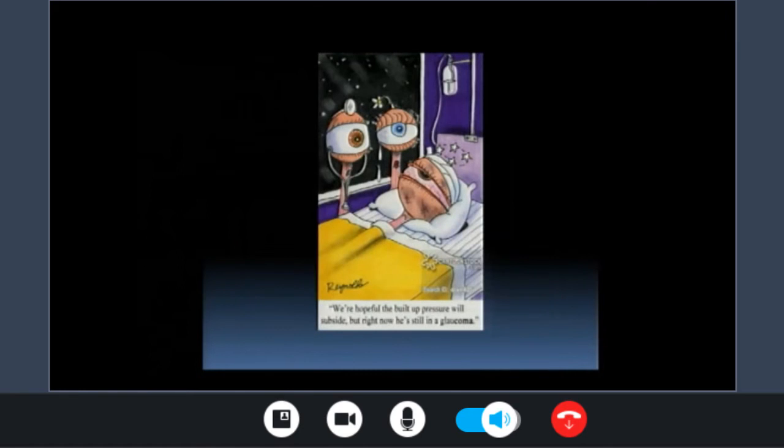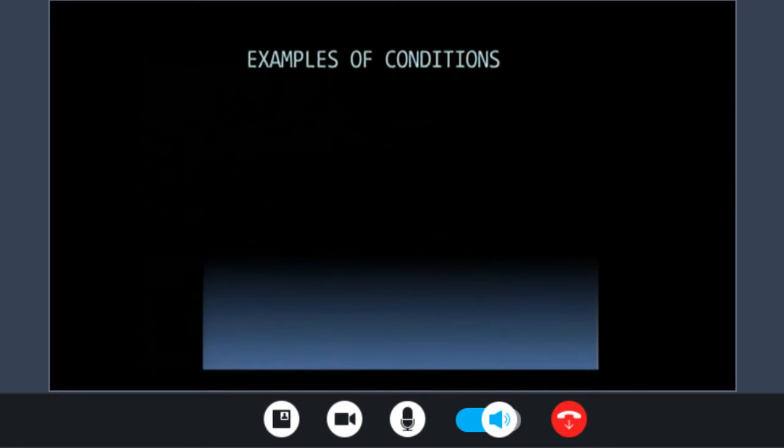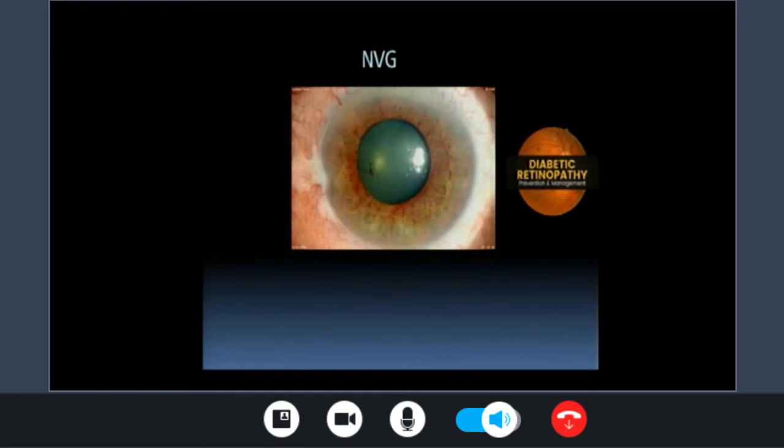Definitely we can control the blood pressure, but sometimes we are not able to get the intraocular pressure down in some cases. An example of this condition: every day we are receiving a case of neovascular glaucoma, in spite of diabetic retinopathy prevention and all the interventions and all the efforts done by our retina colleagues, even in campus, to get diabetic patients early and treat them early.